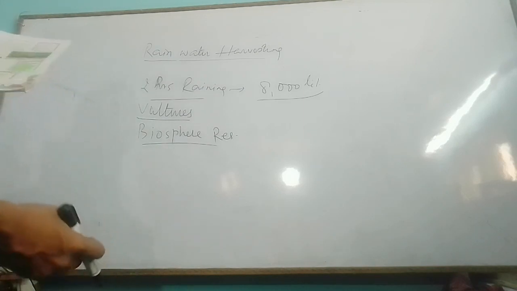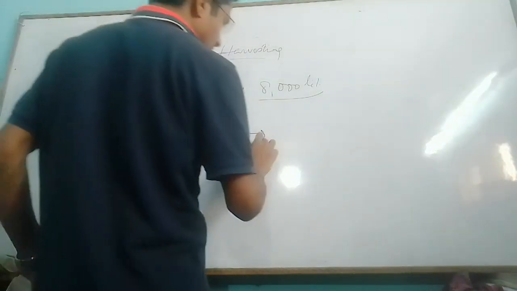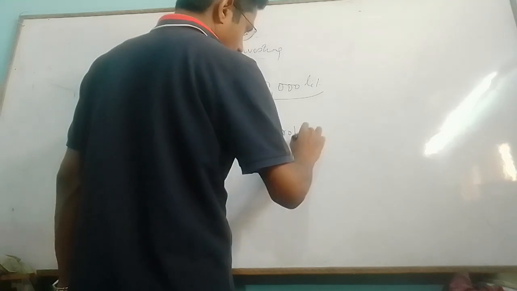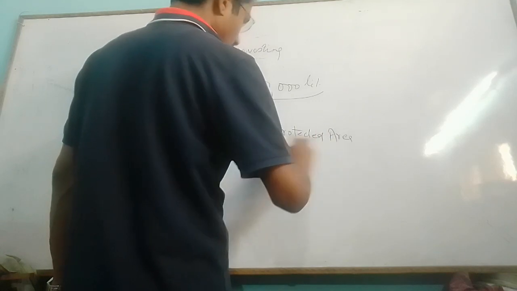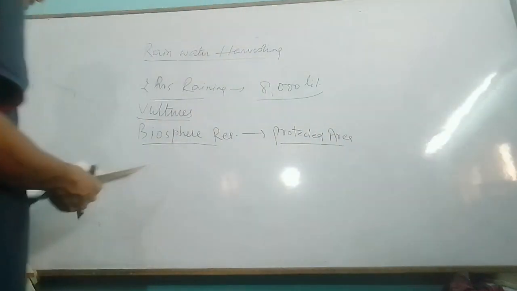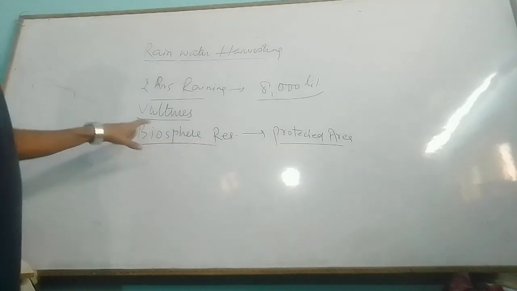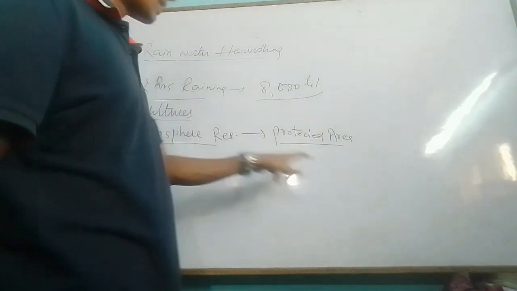So biosphere reserve means some protected area. Bio means living things, which can be protected under this area.